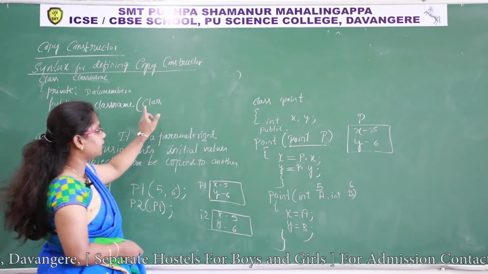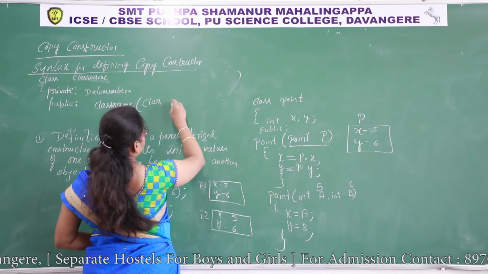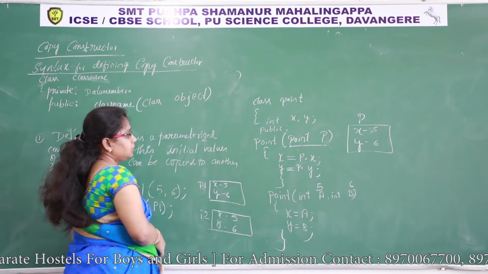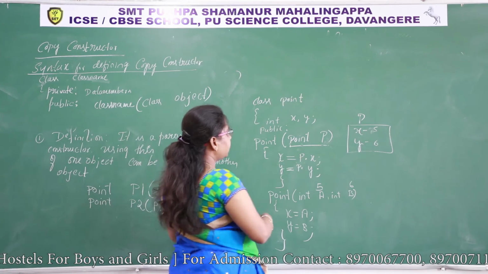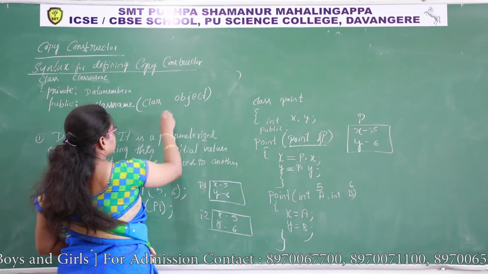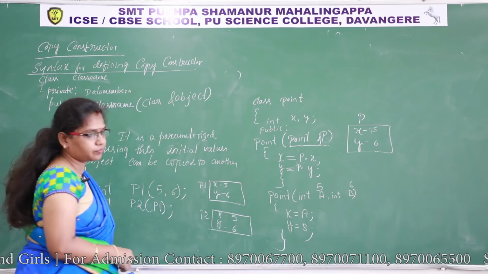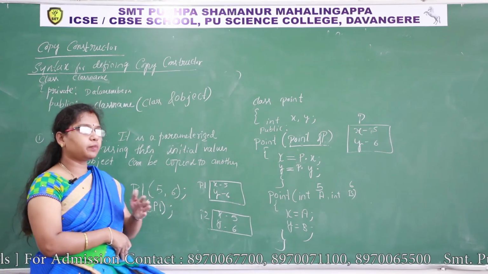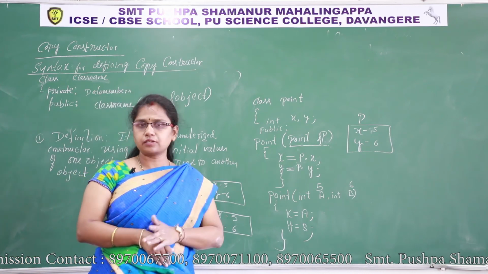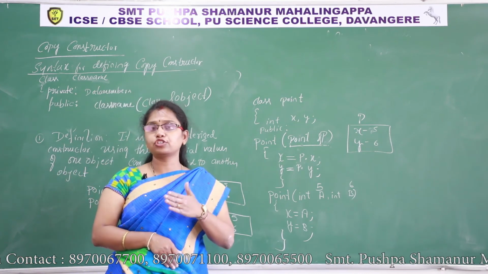Class name, and p is an object. So this is called by value. If you write an ampersand here, that is called by reference. So I use an ampersand here. I hope you all understood what call by value and call by reference are. We already discussed this in the classes and objects chapter, object as function argument.